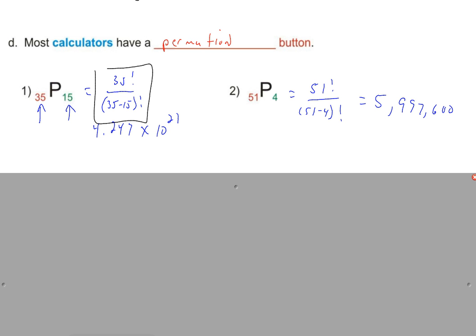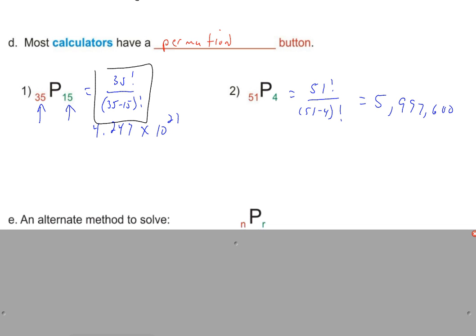You got to get that in your brain. Order. The order matters. A different order is a different permutation. Each different order is a different permutation. Almost 6 million of them in that situation. All right. So, permutation button. Again, not every calculator has it, but most do, especially the newer ones.